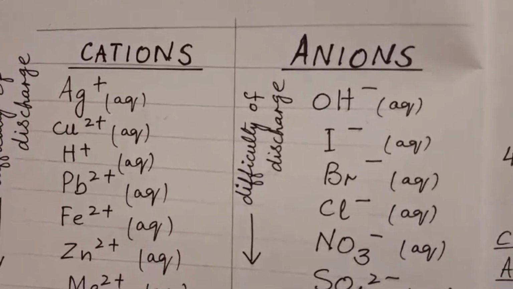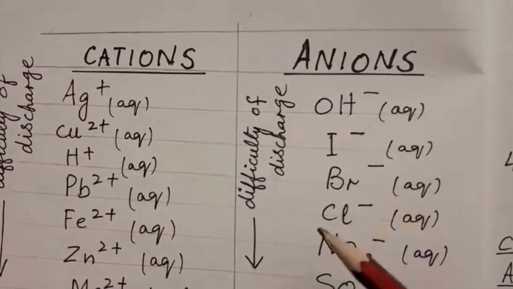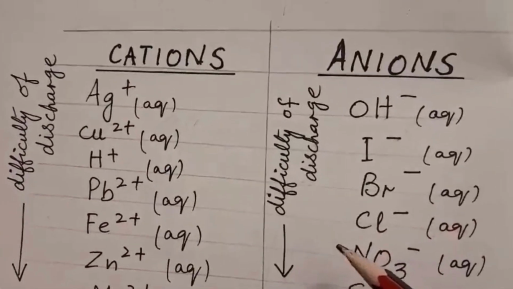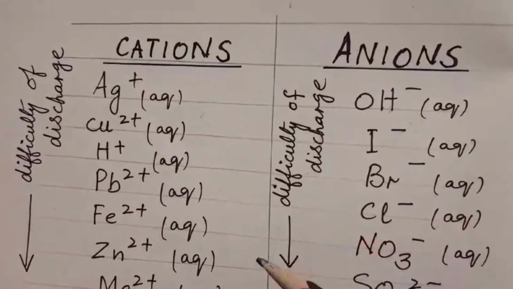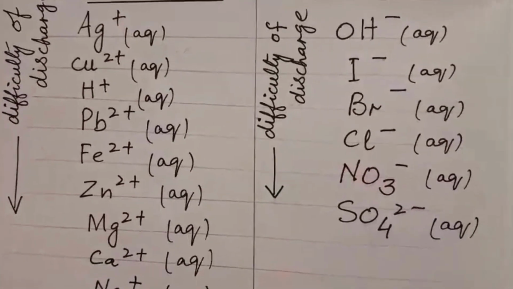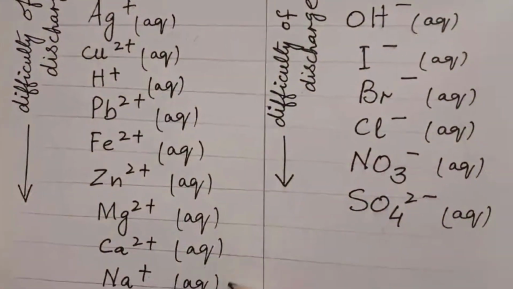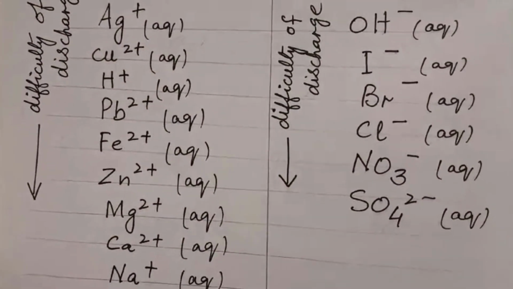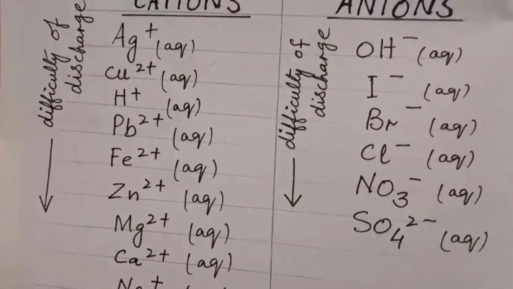The ions, cations and anions, at the top are easy to get discharged, and as we move to the bottom, it becomes difficult for the ion to get discharged.